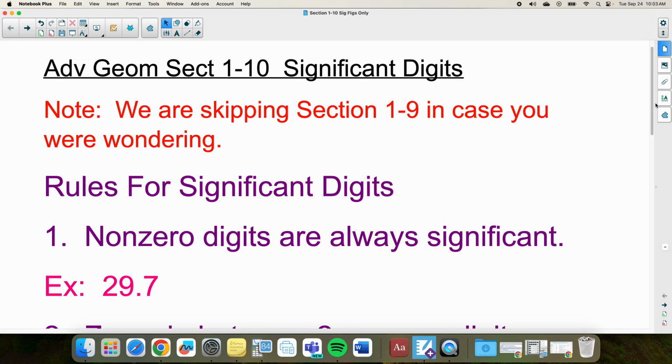And if they are, we say they are significant, okay? So what we're gonna do today is we're gonna learn rules of how to tell if those numbers are significant or not. You learn this more in chemistry than in math, but our book has it. Some books call it significant digits, some call it significant figures.